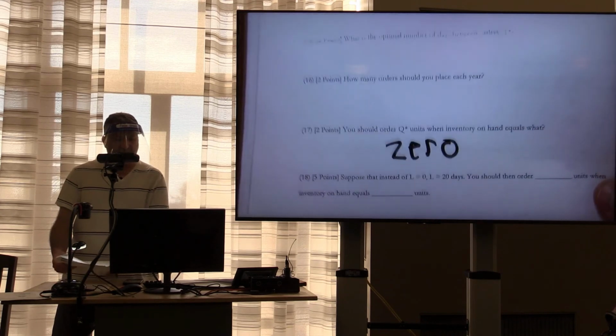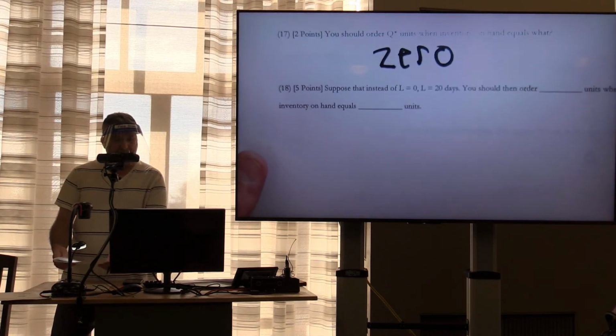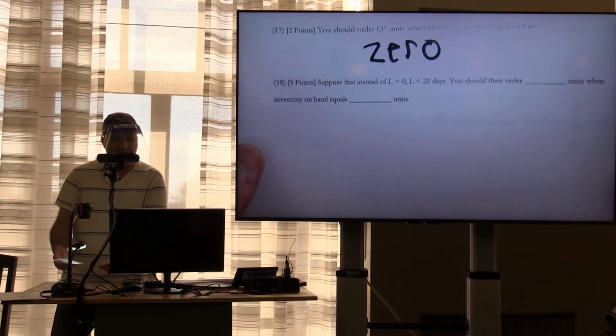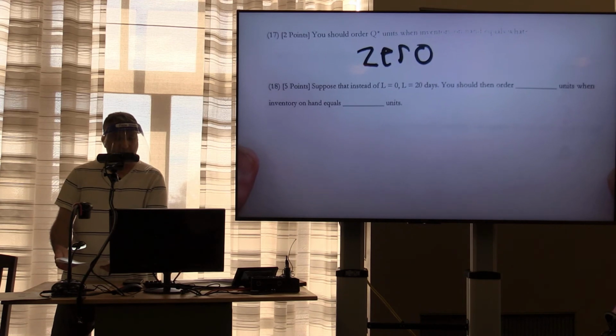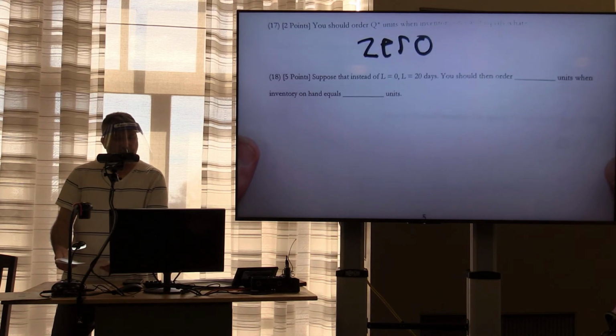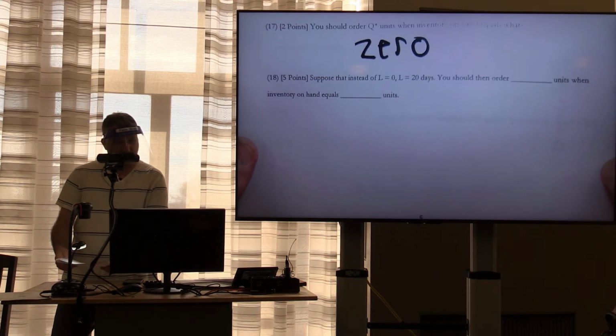But then we modify it a bit and we say, suppose that instead of L equals 0, L equals 20 days, you should then order how many units when inventory on hand equals so-and-so.